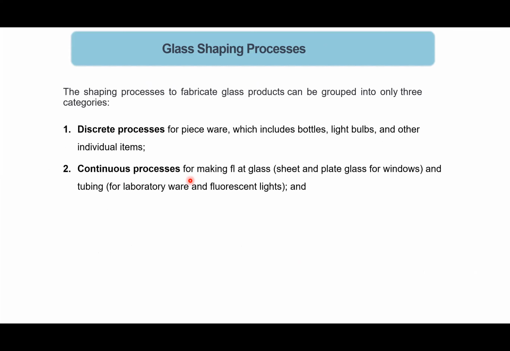Continuous process means you produce something continuously, like a bar, or a long tube, or window glass, a flat plate of glass, or the windshield of a car. These can be produced continuously, and you can cut them off at a certain length.